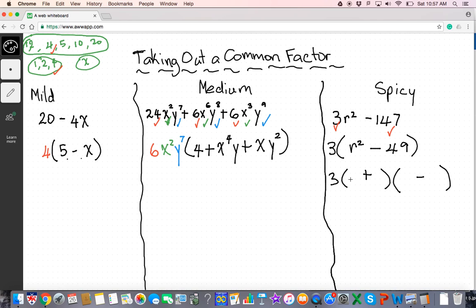And we take the square root here, we get r and r, same thing in both parentheses. Take the square root here, we get 7 and 7, both in both parentheses. So this is not fully factored until you've actually recognized that you have the difference of two perfect squares here, and we can go one step further. All right, that's it.